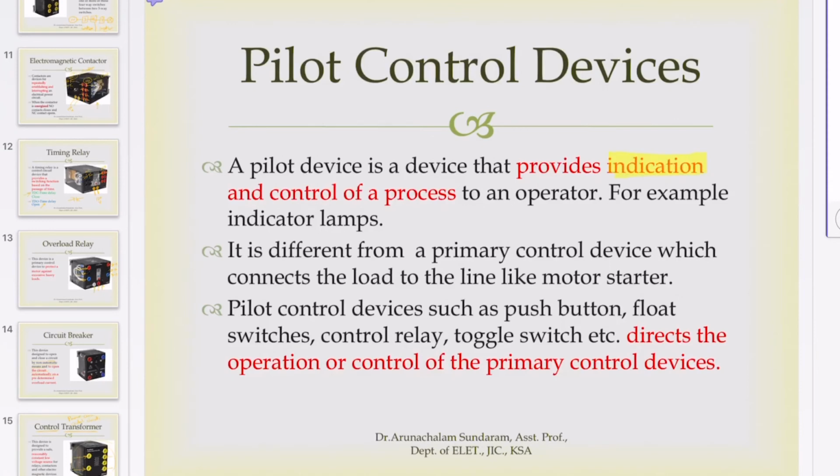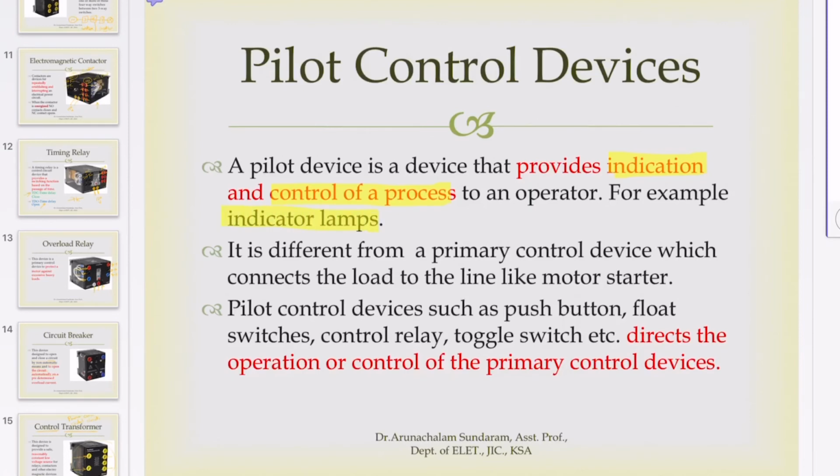Indication. This is the first job of pilot control devices. The second job is control of a process. As an example for indication, you can find indicator lamps in a control system.